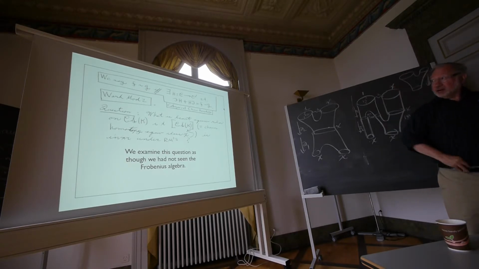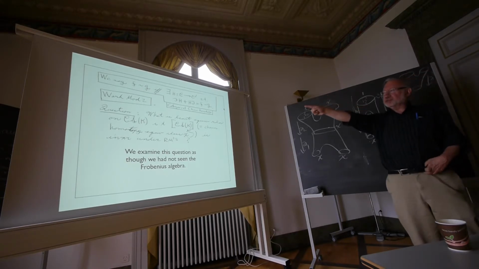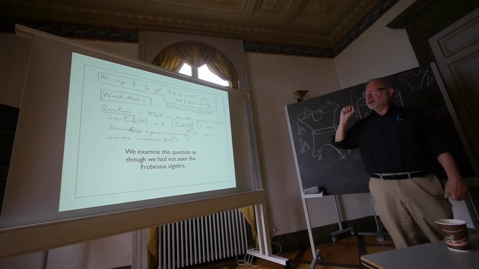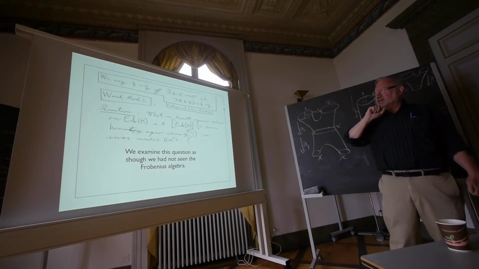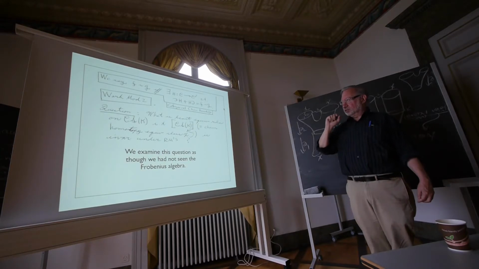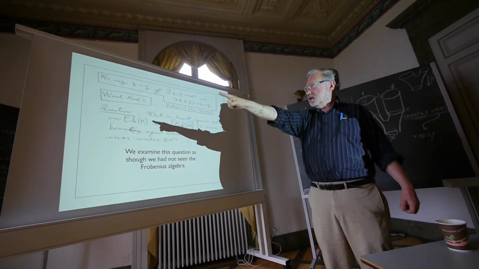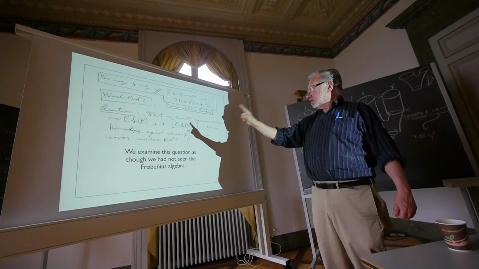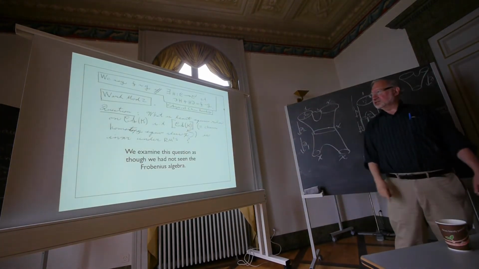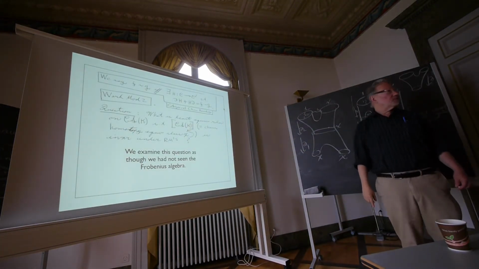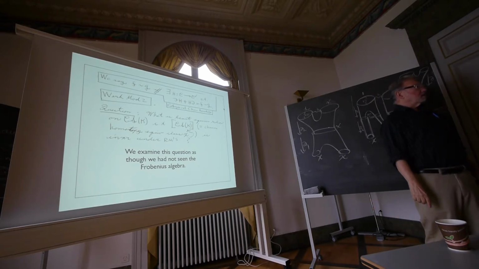And I want to think about this. Now, if you read Dror's paper, maybe a little too early, he tells you the answer to this question. The question is, what is the least equivalence relation on the canopoly such that the canopoly is invariant under the Reidemeister moves? All right?